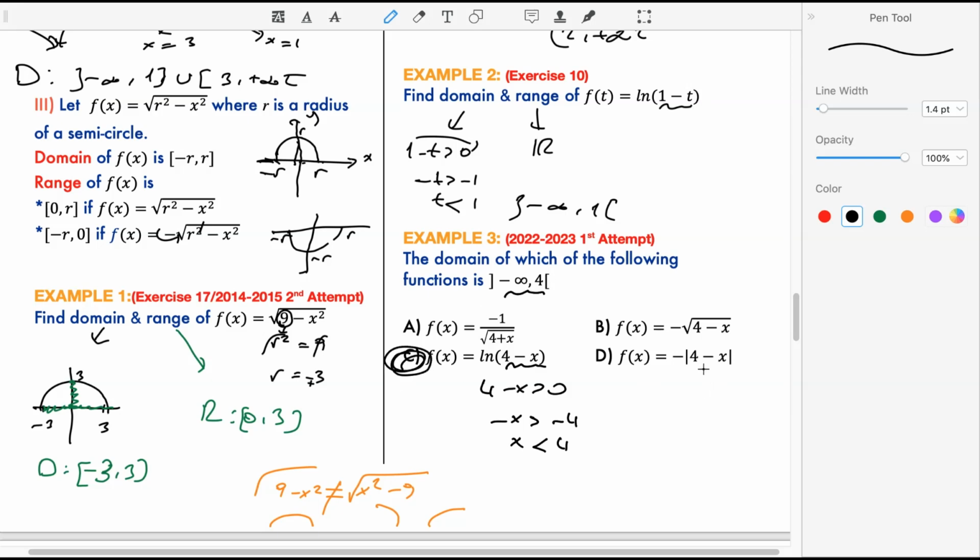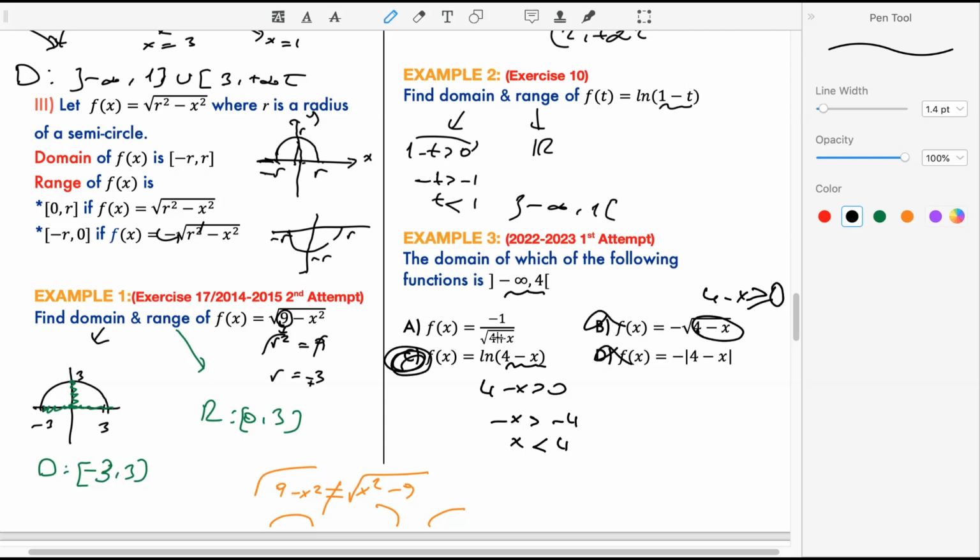When you look at the others, for absolute value functions, the domain is all real numbers. For this one, 4 minus x is greater than or equal to 0. But here there is no equality. The bracket is open. B is not possible.